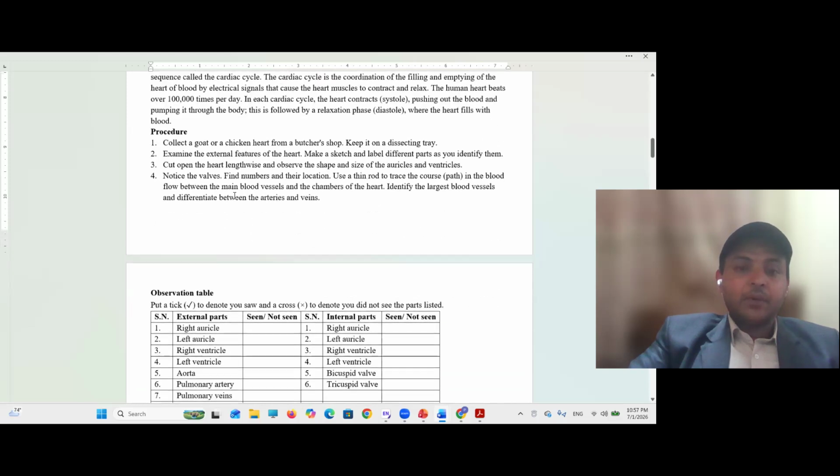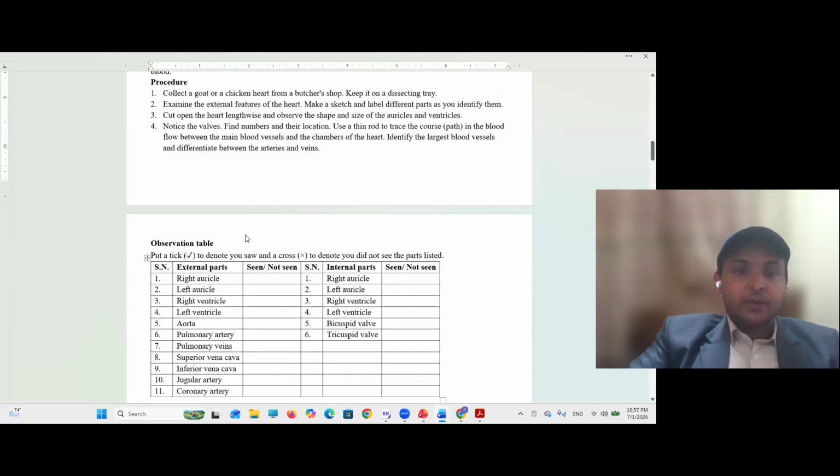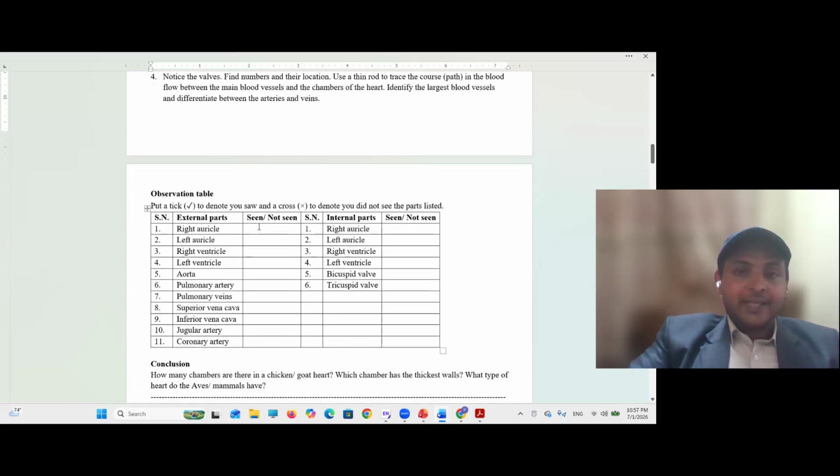And they will follow this procedure and identify while dissecting. They will be taken into the biology laboratory of my school and here they will identify right atrium, left atrium, right ventricle, different parts of the heart. And if they can see it, they will tick it, or if they cannot see it, they will cross it.